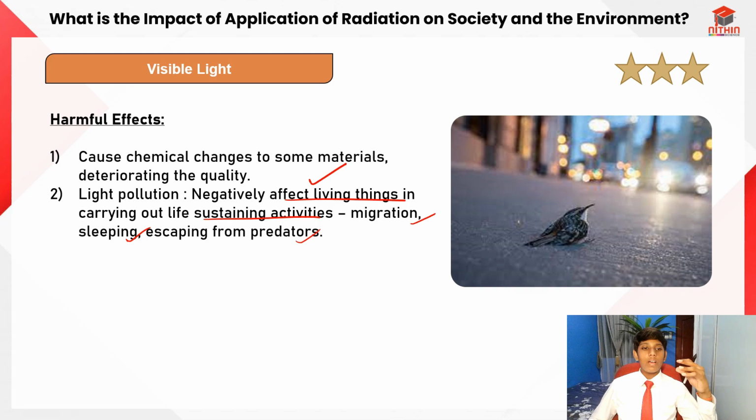Some predators are born to see in the night with night vision. The owl, for example, has night vision to catch prey. Imagine with light pollution, the rat can escape while the owl will not have any food to eat, and so the whole food chain will be broken.